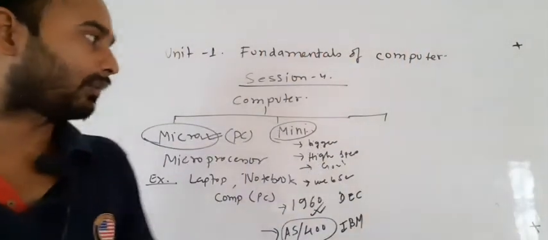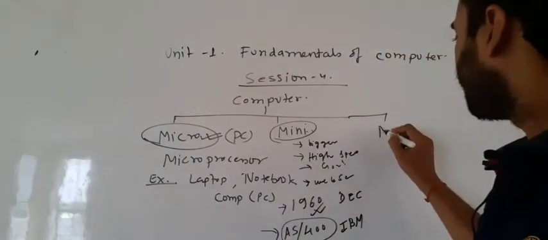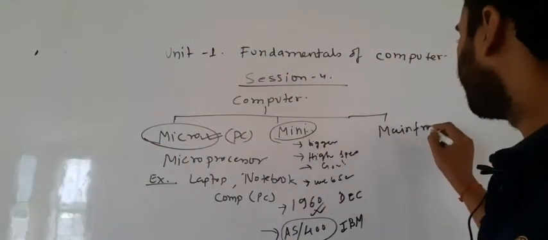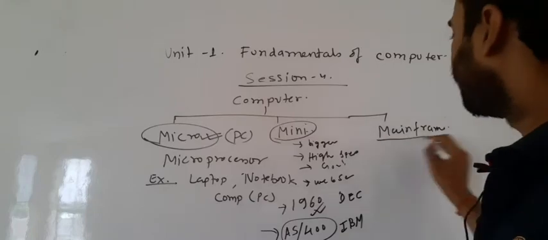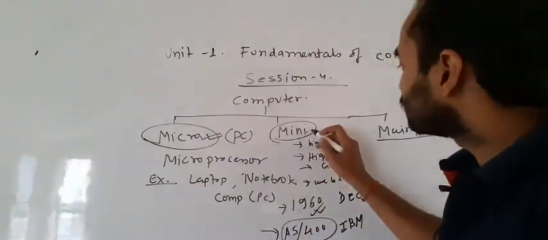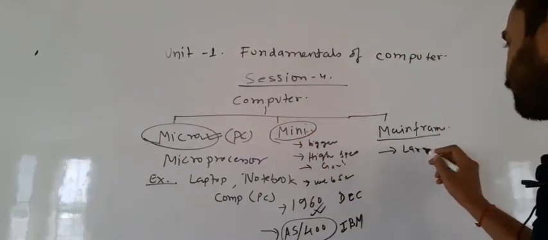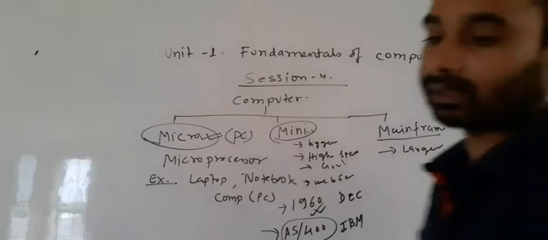And the third type of computer is called mainframe computer. Mainframe computer is larger than the mini computer, a little larger than the mini computers.